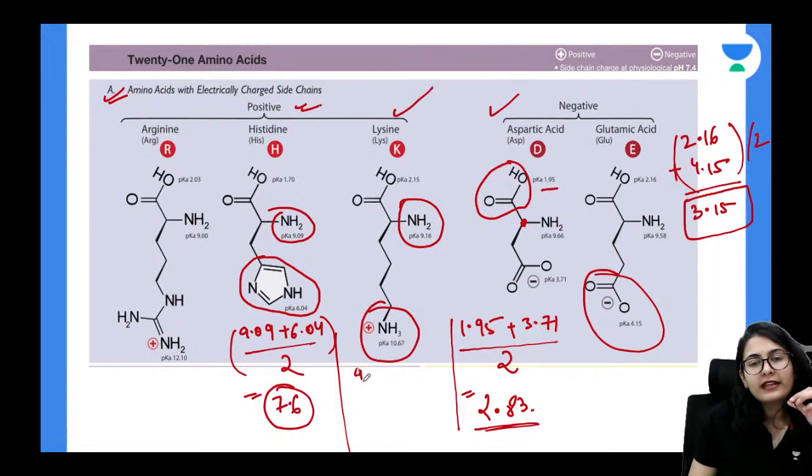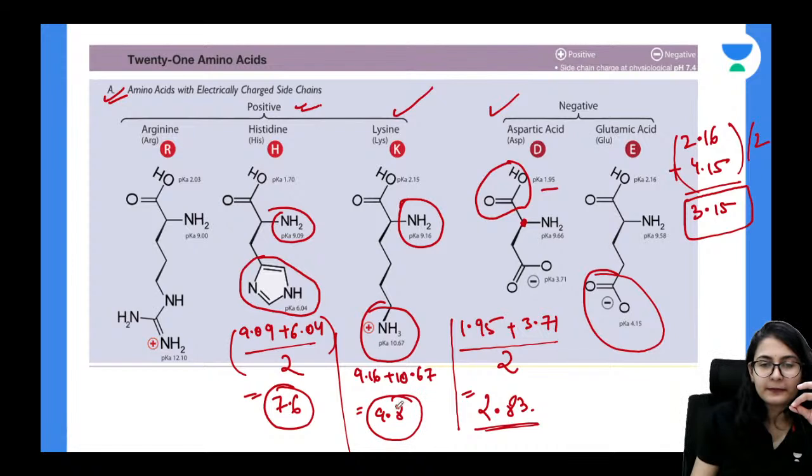Okay, so once again 9.16 for this one plus 10.67 for the ammonium one. Alright, so for the lysine, how much is it? Approximately equals to 9.8. देख लो निकाल के. Yes, approximately 9.8 for lysine.